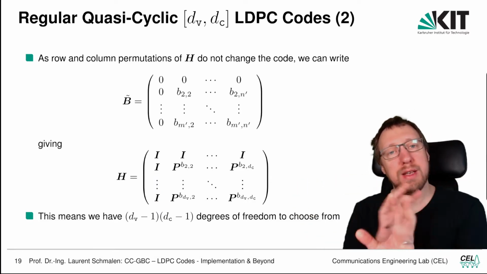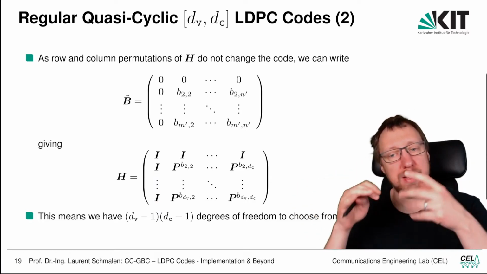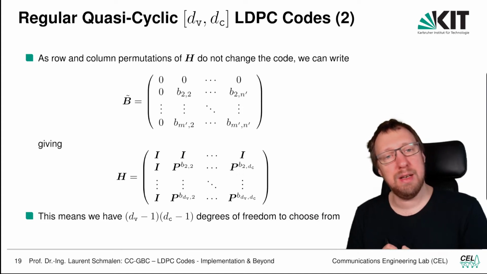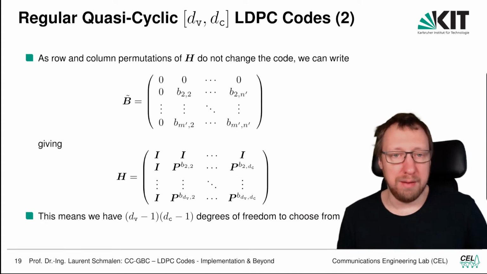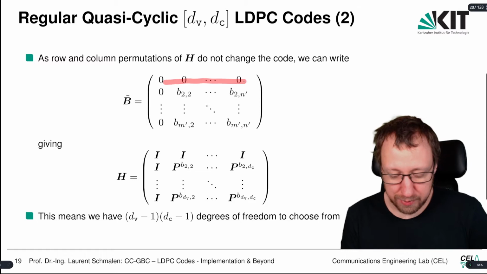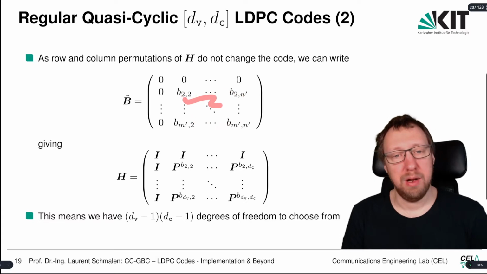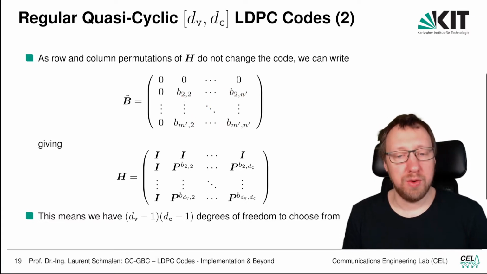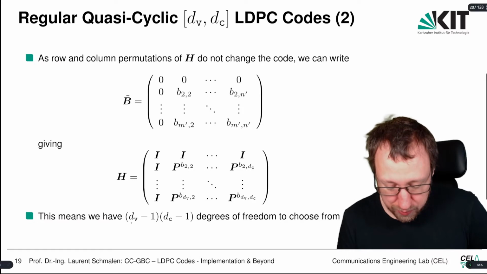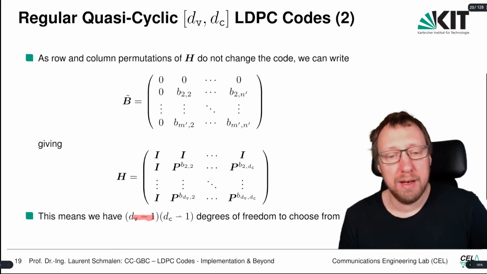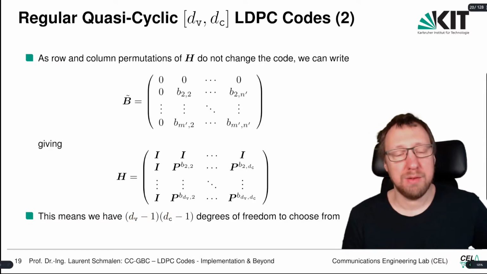This is just a reorganization of the code bits and a reorganization of the parity check equations. So we have an equivalent matrix that has zeros in the first row, zeros in the first column, and then integer entries below. So essentially the degrees of freedom that we can choose from is (dv minus 1) times (dc minus 1).